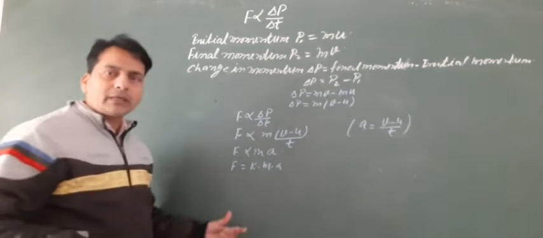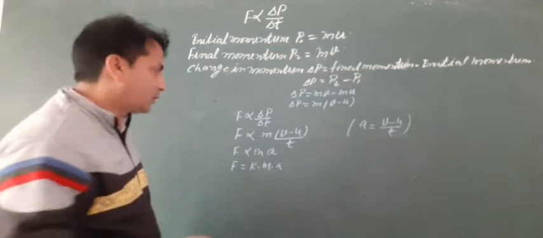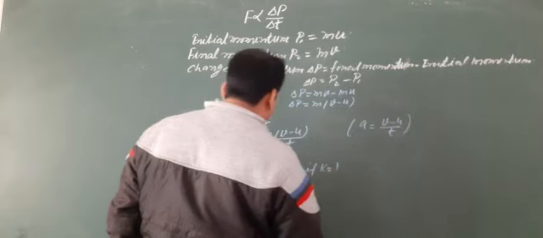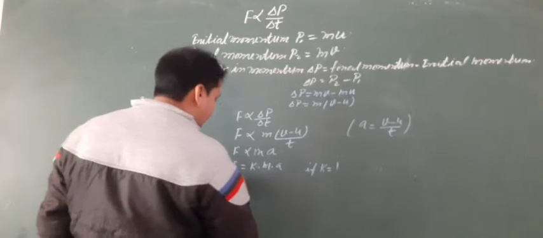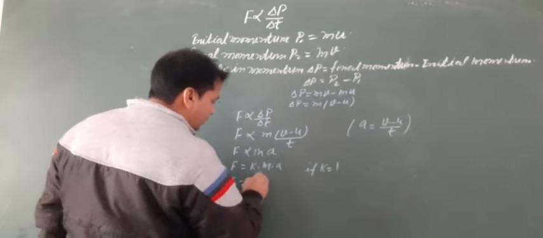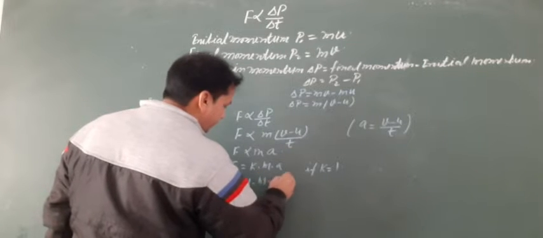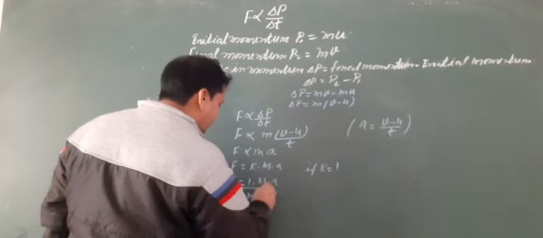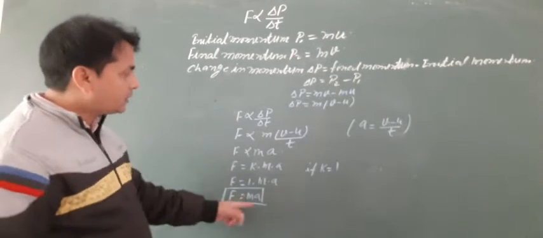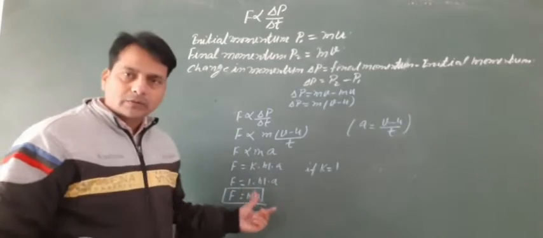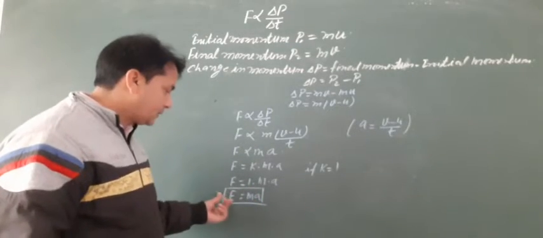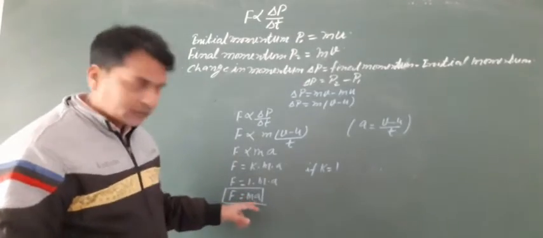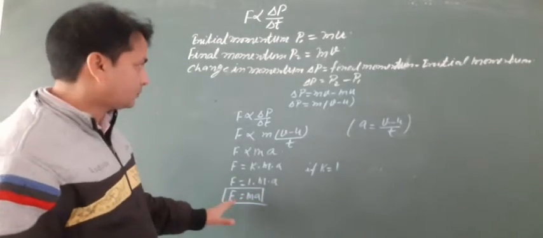Now suppose the value of K equal to 1. Then we can write F equal to 1 into m into A. Then F equal to m into A. So force equals mass into acceleration. It is clear that the applied force equals the product of mass and acceleration.